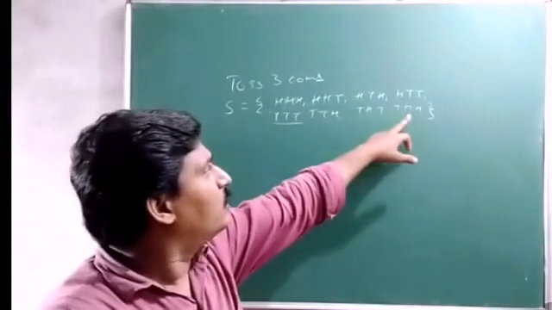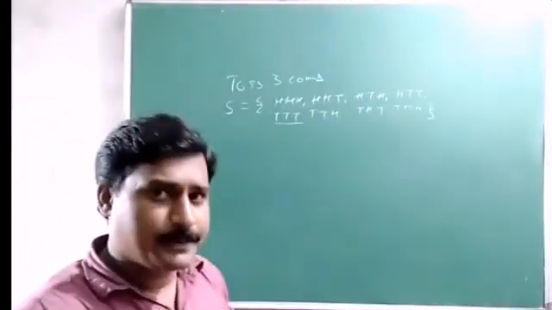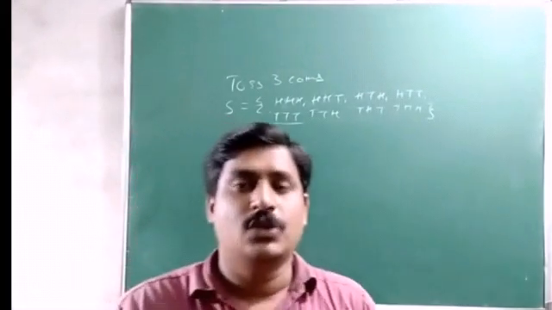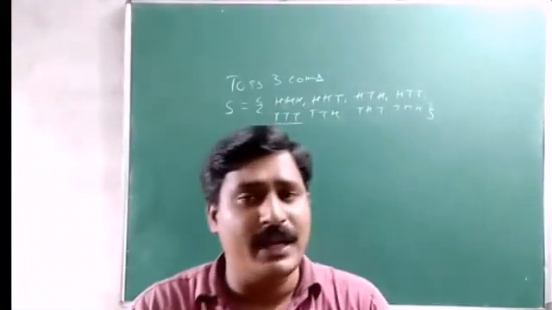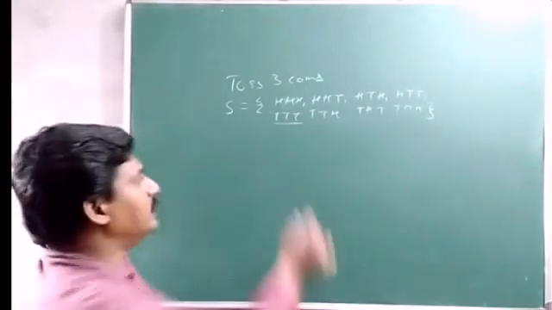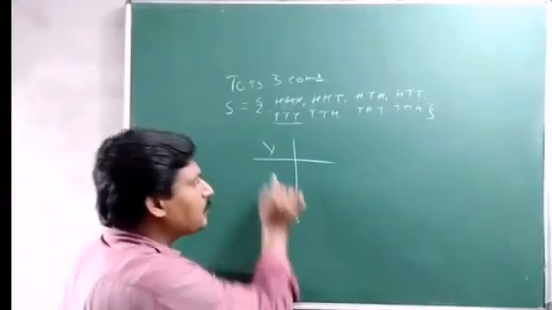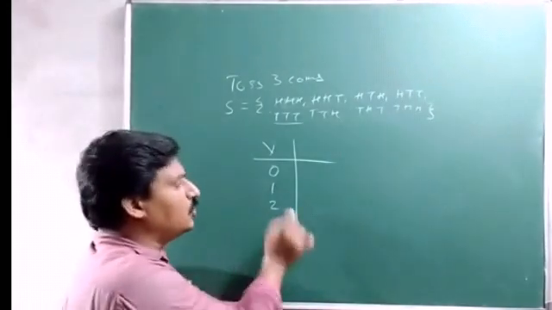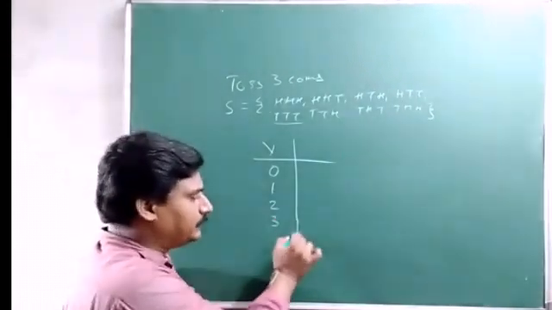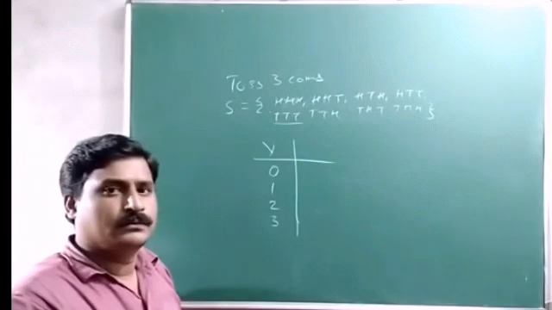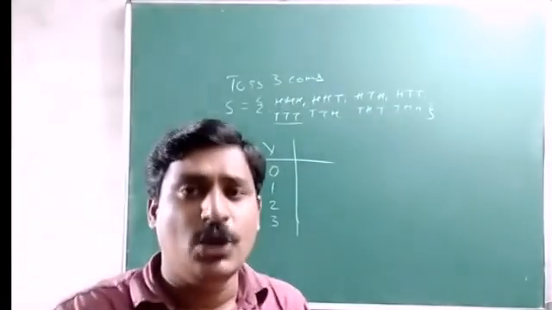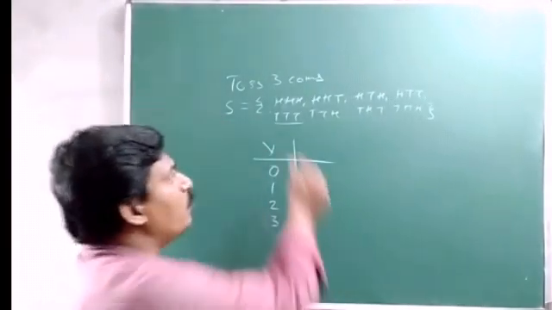So here 2 heads, 2 heads, 2 heads, and here all 3 are heads. So how do we assign a random variable here? X takes 0 heads, 1 head, 2 heads and 3 heads. Okay, so how many cases are there where I get no head? That is only one case.